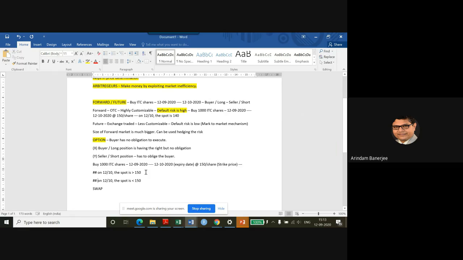Now in the first scenario, if the spot is less than 150, then the buyer of the option, right? So suppose I am saying it is a call option. It is a call, right?